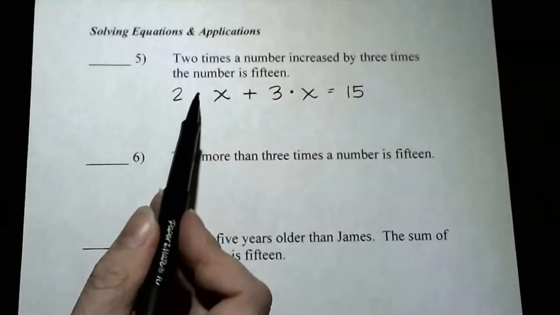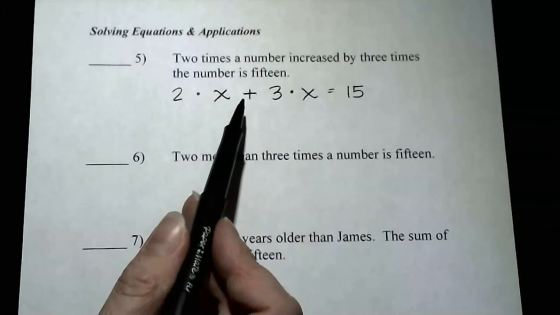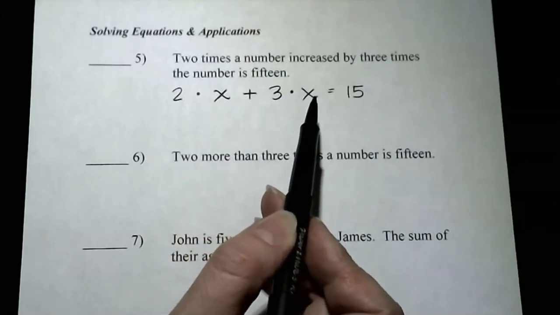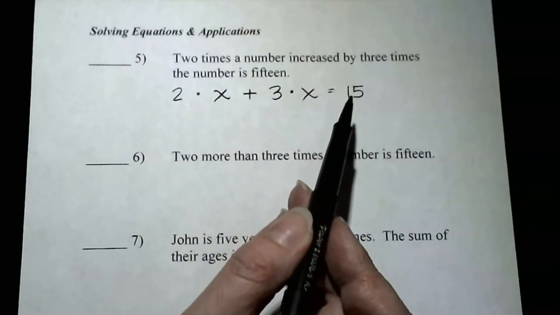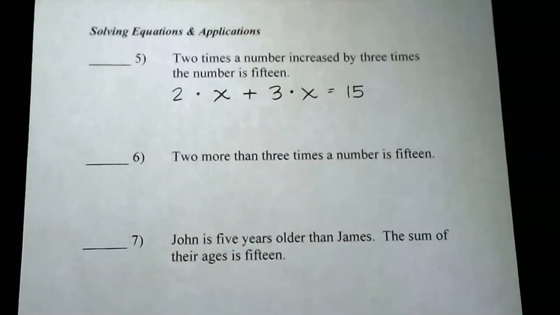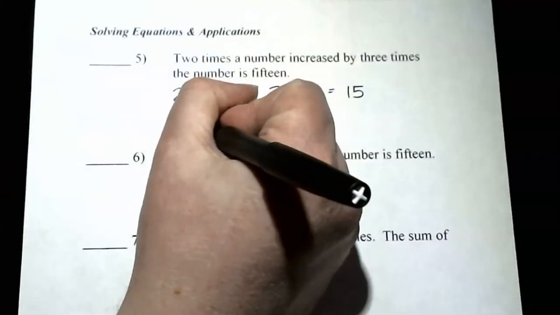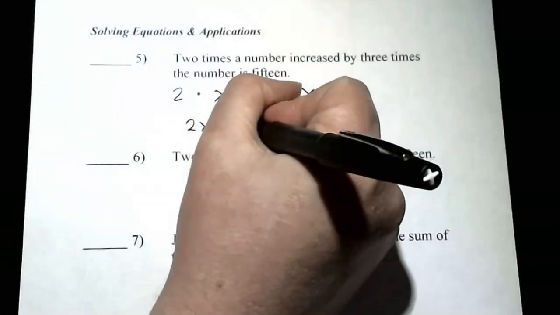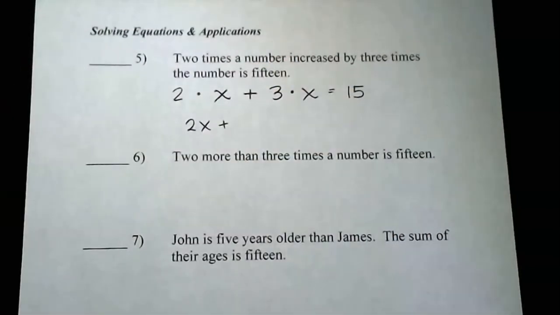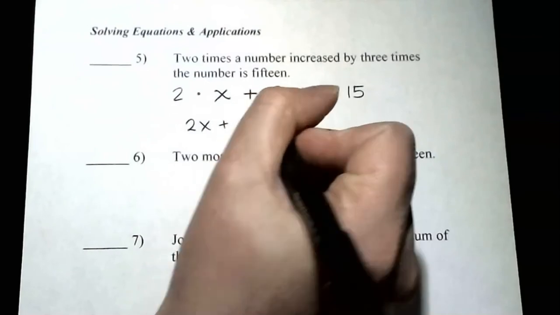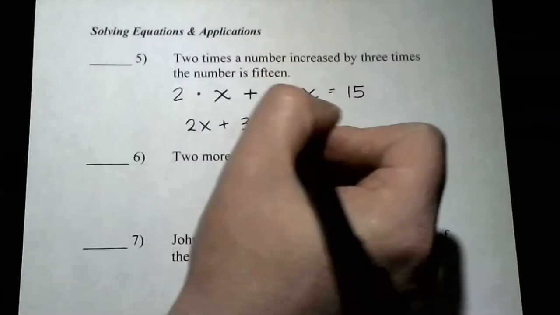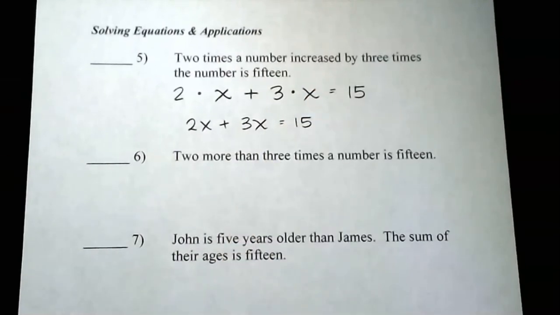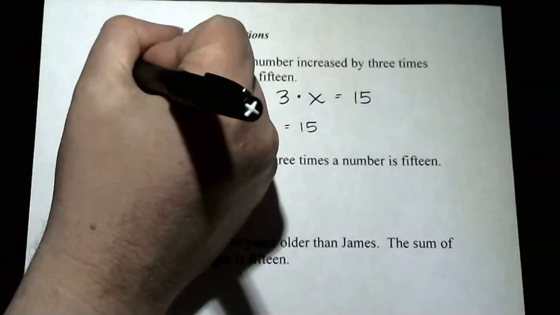The cleanup for this would just be to put the 2 times x together and make it 2x, plus 3 times x, make that 3x, equals 15. And that's choice E.